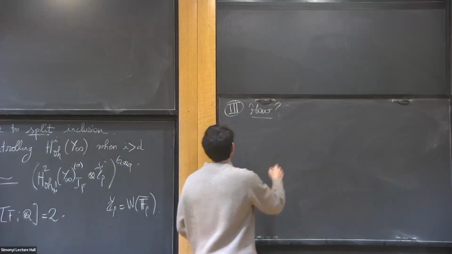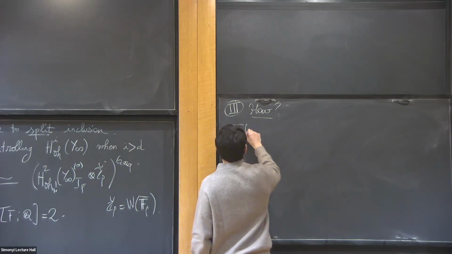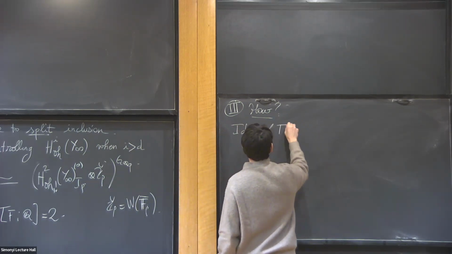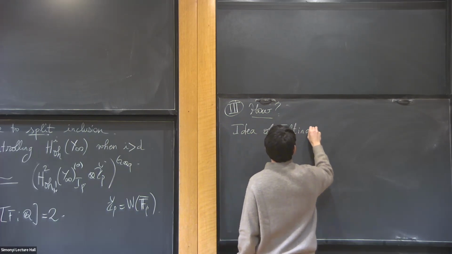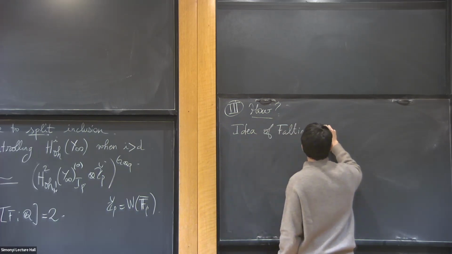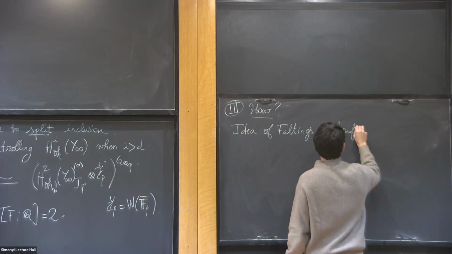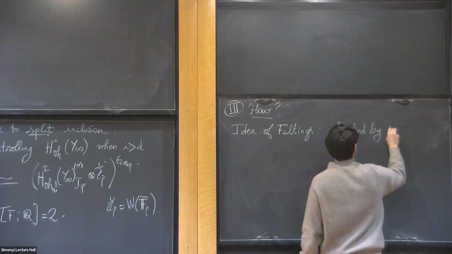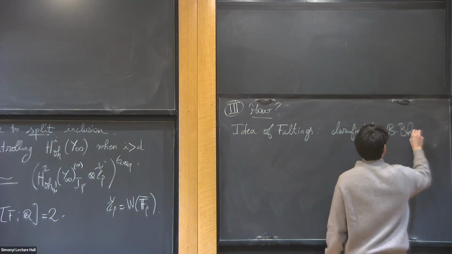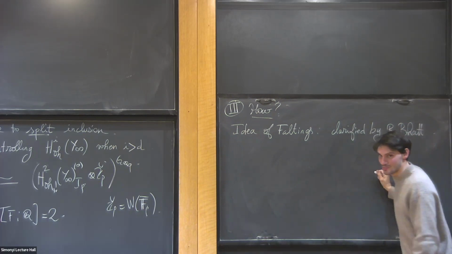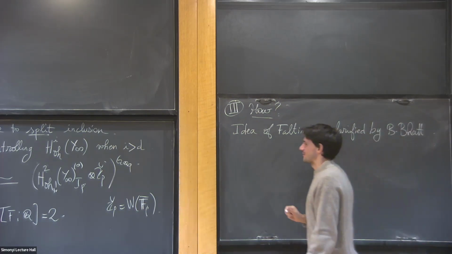So this is based on an idea of Faltings that was greatly clarified by Bhatt. Let me take the chance to thank him in person again for explaining this to us.